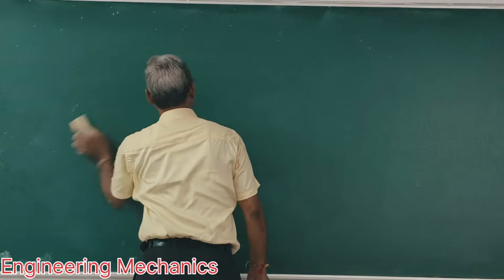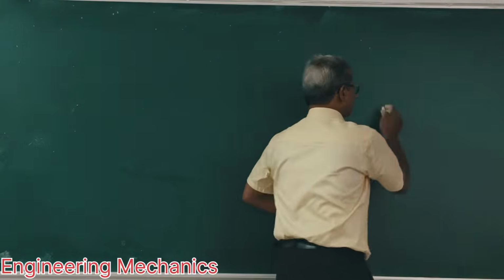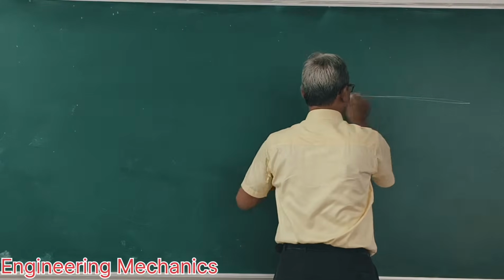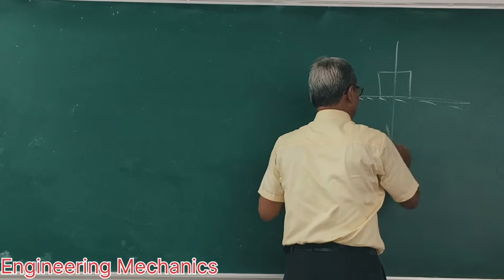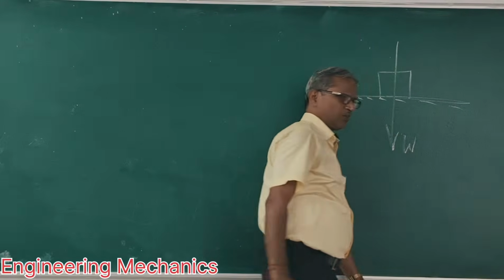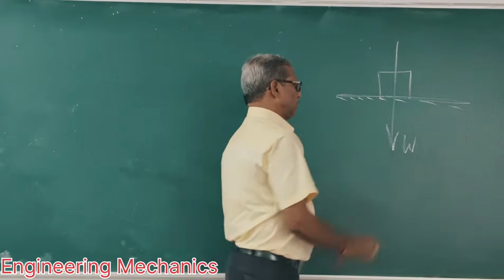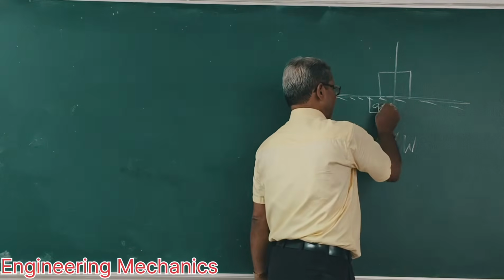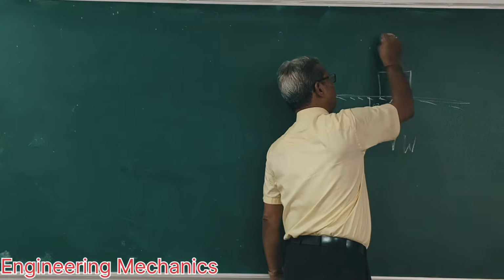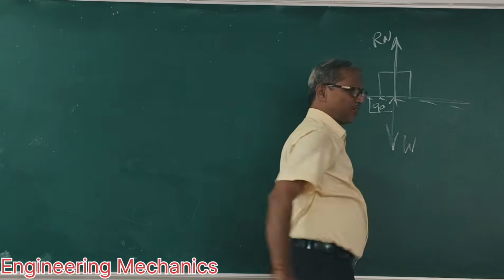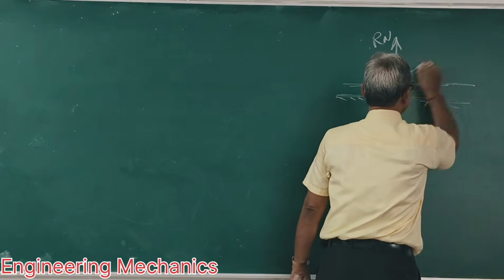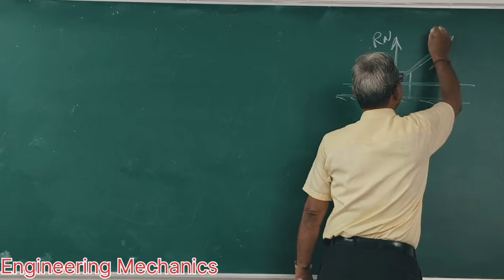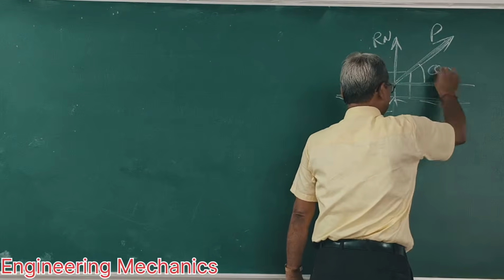Suppose this is a body of weight W. This is the normal reaction Rn. This is the applied force P, which makes an angle theta with the horizontal.